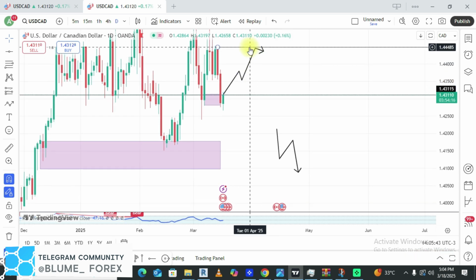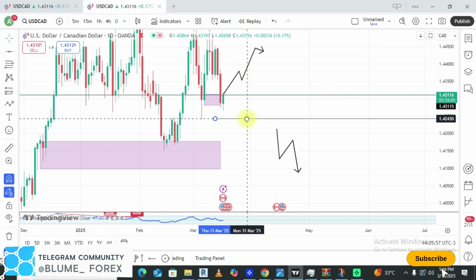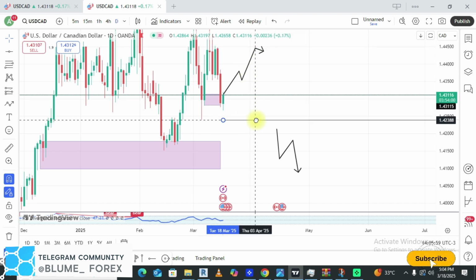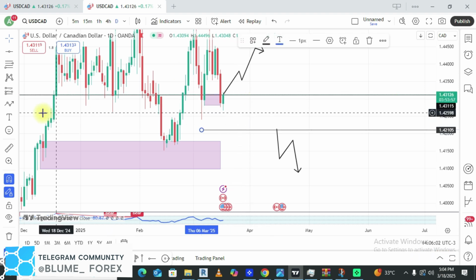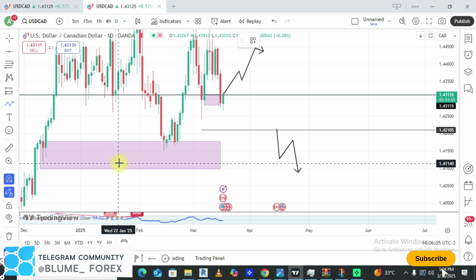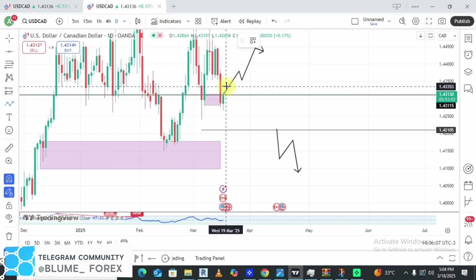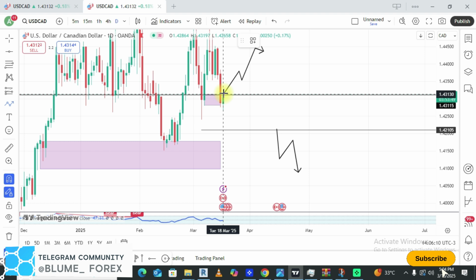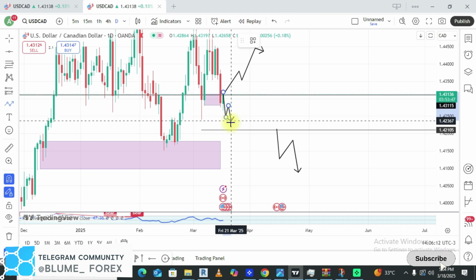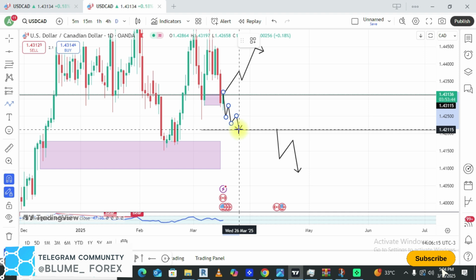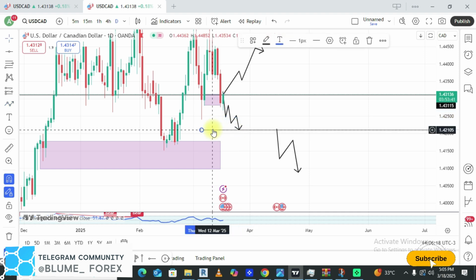Same way for the stop loss, you are trying to tell the market that okay, I think USD CAD will push up, but even if it doesn't push up and it pushes down against my analysis, then this is the area at which I should be closed in losses. So let's say this is your take profit, and you are anticipating USD CAD dollar strength, so currency price will push up, and it ends up pushing down against your analysis, the stop loss is going to show the account how much losses you are willing to take.